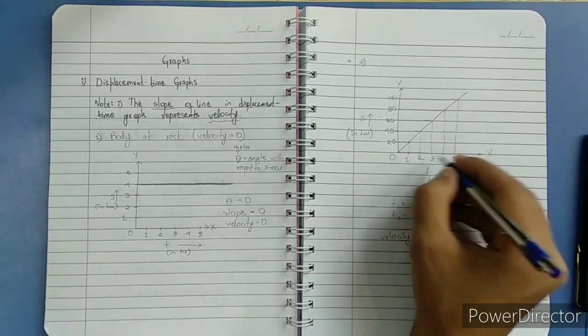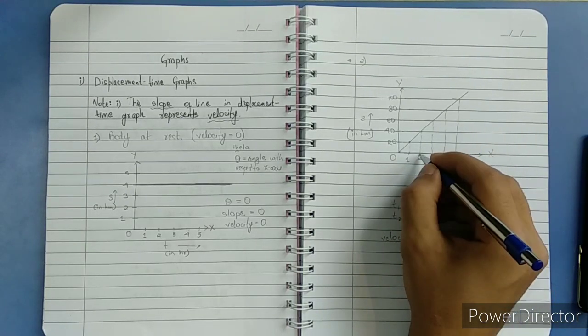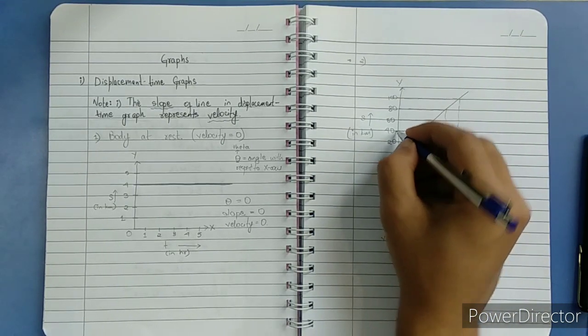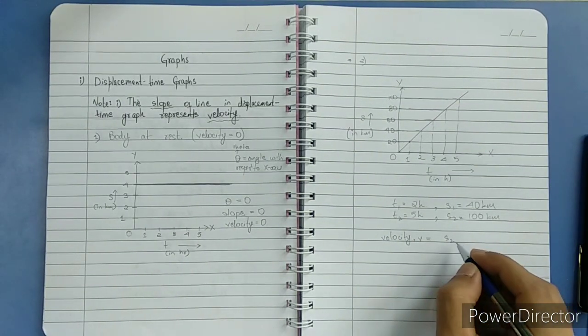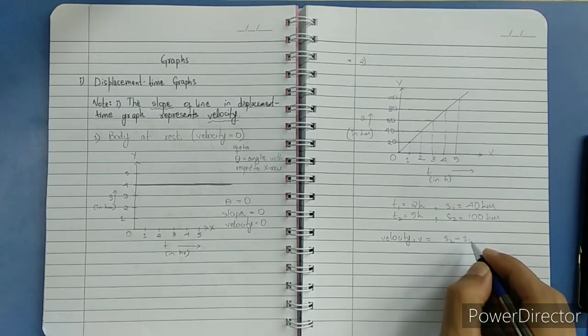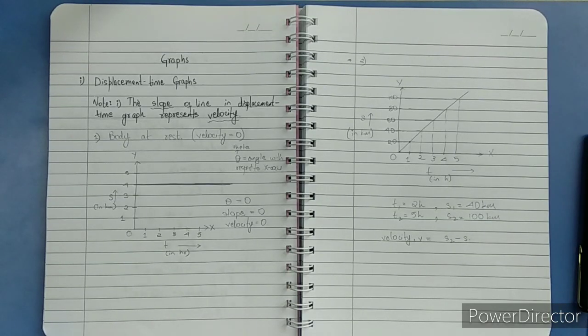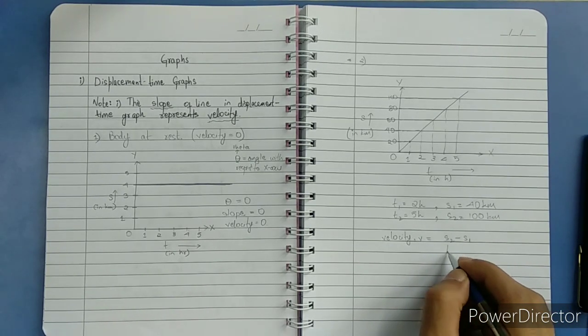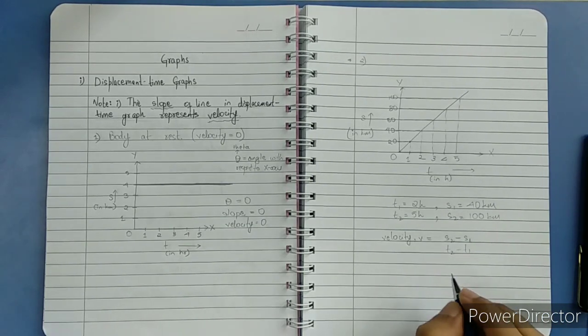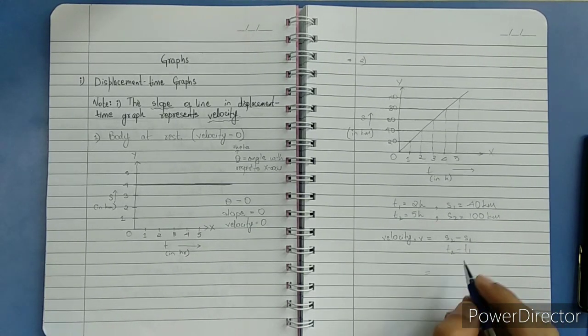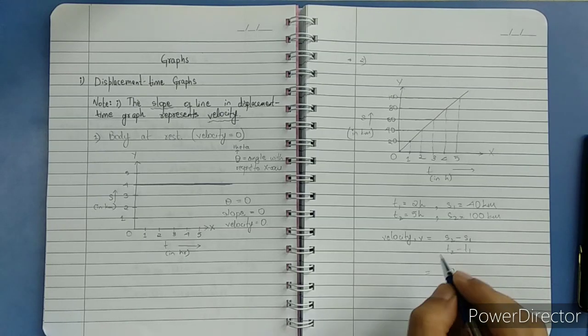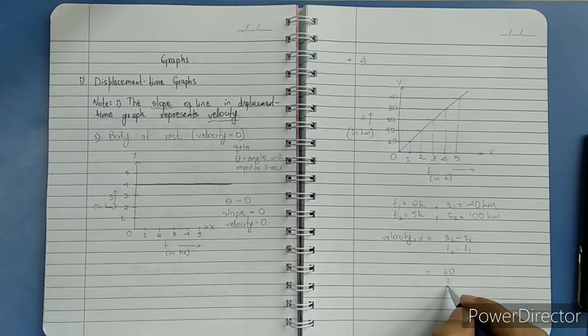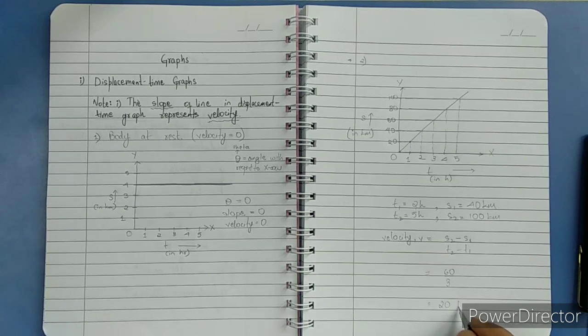From 2 to 5 hours it started at 40 kilometers and reached 100 kilometers. So the total displacement is S2 minus S1 and the time taken is T2 minus T1. So velocity is S2 minus S1, which is 60, by T2 minus T1, which is 3, equal to 20 kilometers per hour.